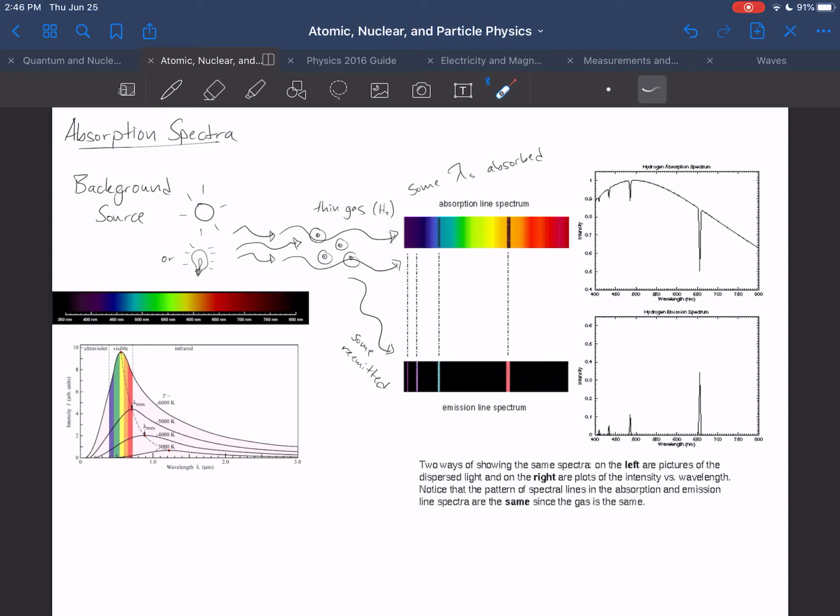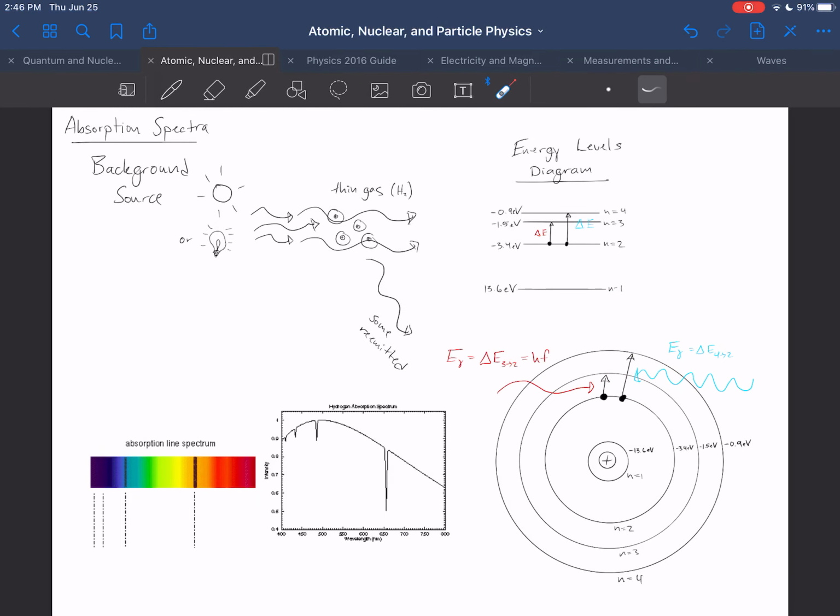But you don't see none. It's important to recognize this dip doesn't go all the way down. You do see some, because some of the light that is absorbed by that thin gas is in fact re-emitted in the same direction, but not most of it. And so you see these dips. These dips correspond to the absorption lines.